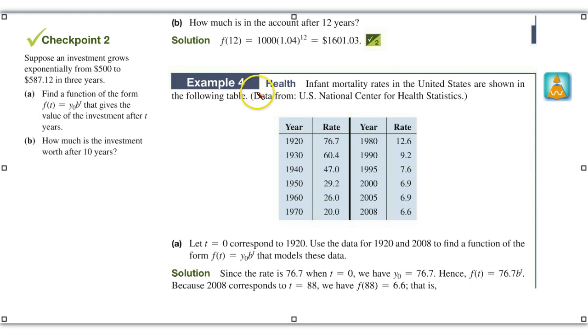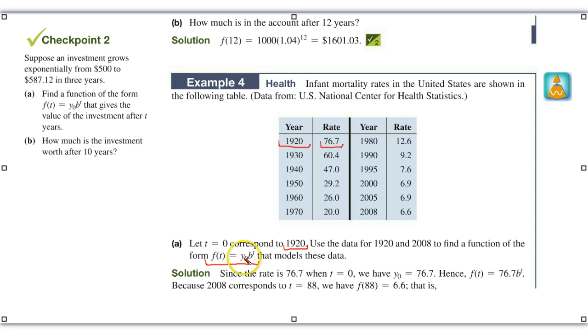In example 4, we're looking at data from infant mortality rates in the United States. And we're going to start with the year 1920, where the rate was this. And they're saying let 0 correspond to 1920. Use the data for 1920 and then 2008 to find a function of the form, which is what we had above, that will help model this data.